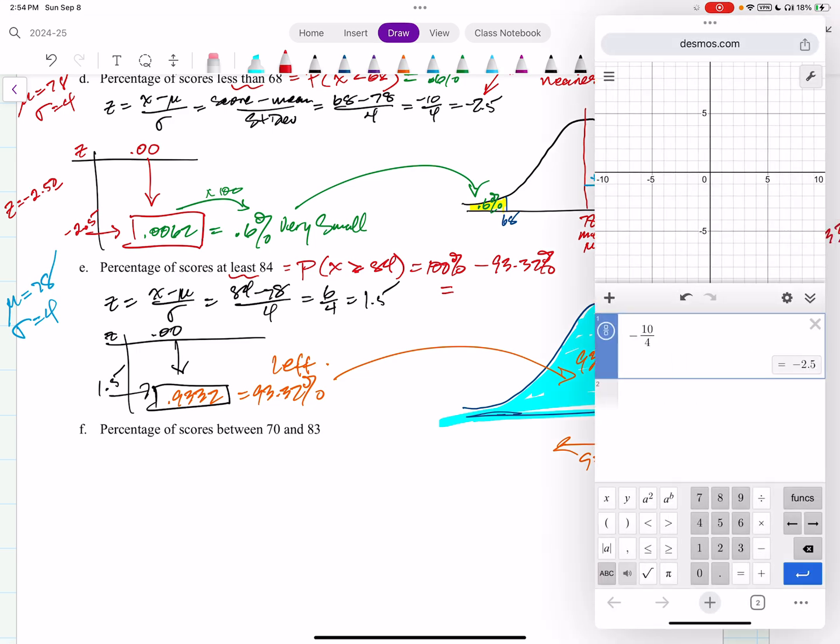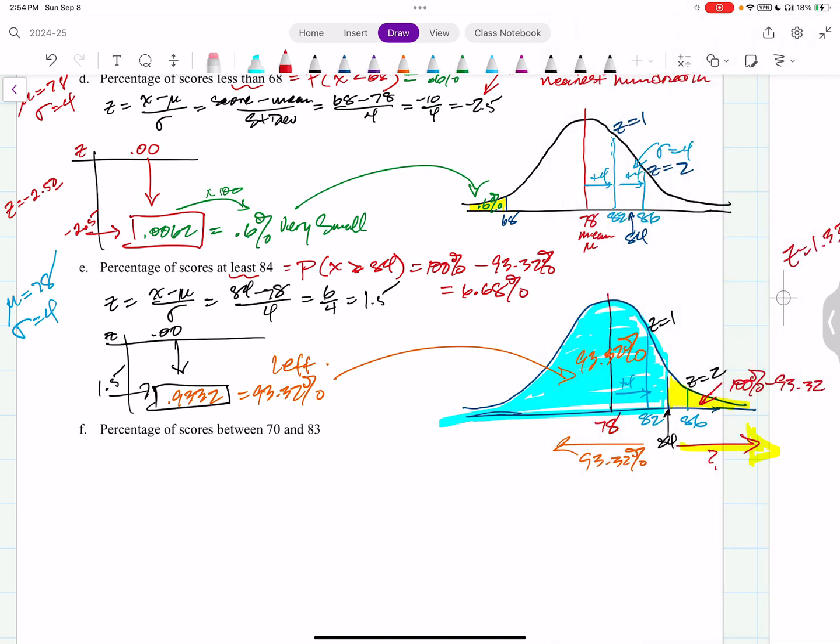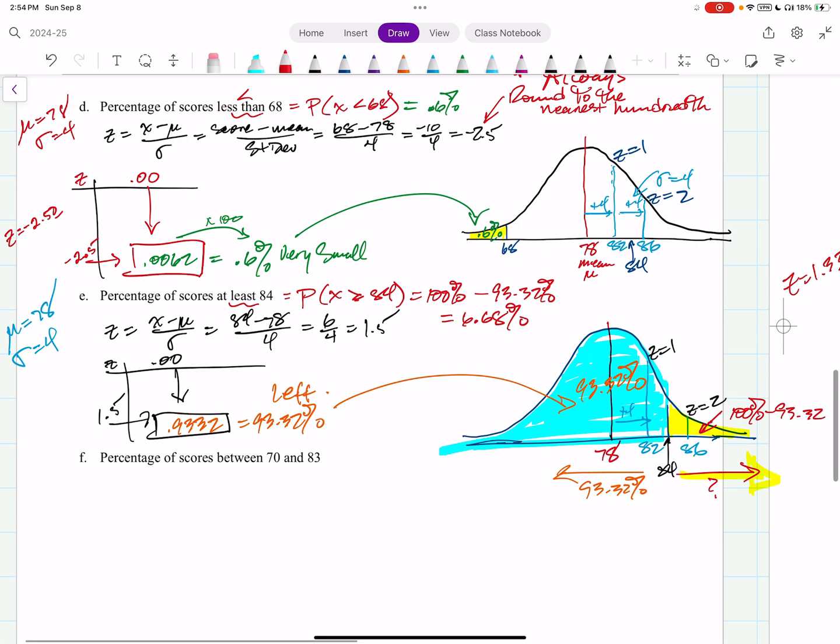We take 100 minus 93.32 and get 6.68%. There we go. That is how it's done there, guys. Just have to remember that z tables always give you percentages, areas to the left, not to the right. So this takes an additional step as compared to the first one. Keep that in mind.